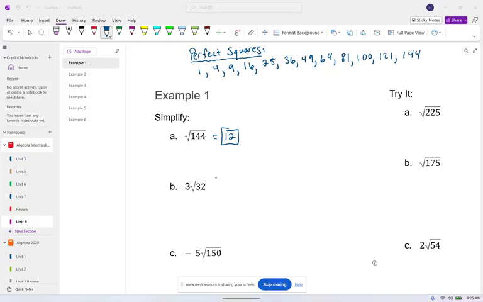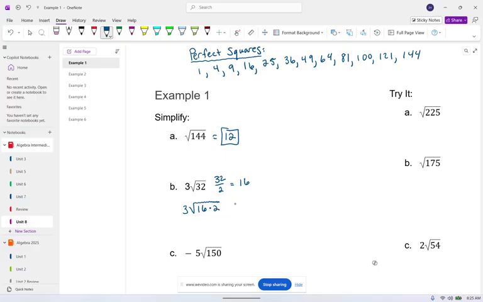So for my strategy, I'm going to take 32 and divide it in half. I'm getting rid of the factors that we need to look at. I divide it in half and I get 16. I look at my list and 16 is on my list. So I'm going to rewrite this as 3 square root of 16 times 2.